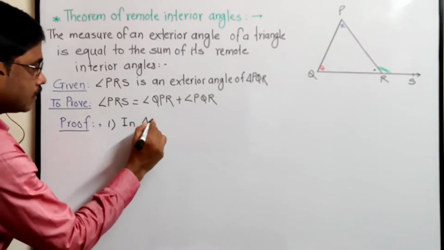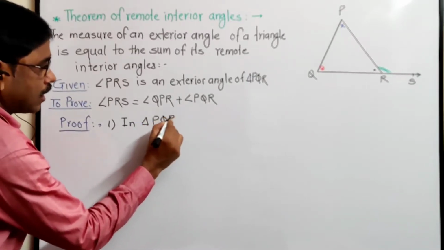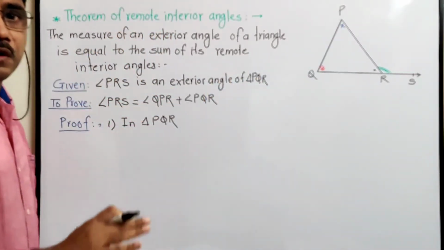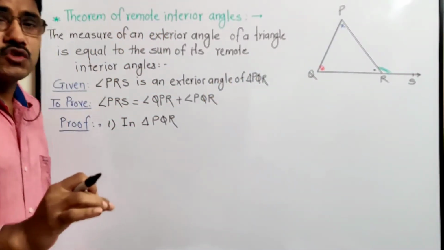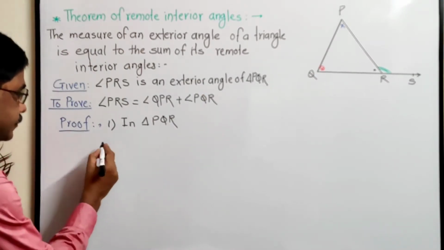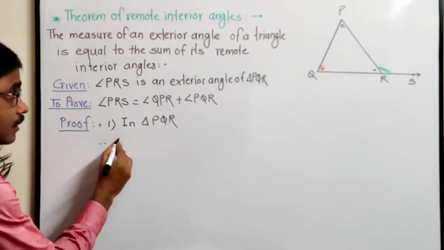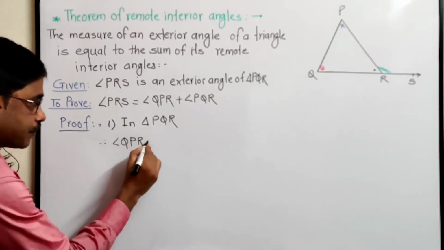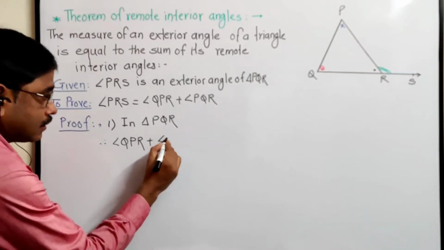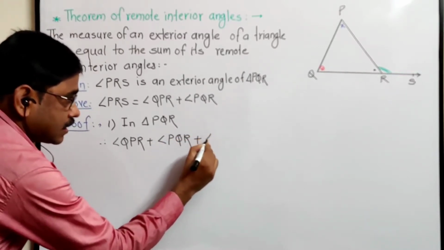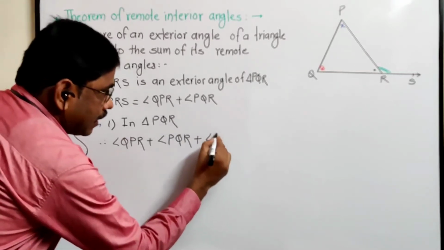In triangle PQR, if we observe triangle PQR, then the sum of the measures of all angles of a triangle is 180 degrees. We studied this in the second chapter. Therefore, what can we write? Angle QPR plus angle PQR plus angle PRQ.